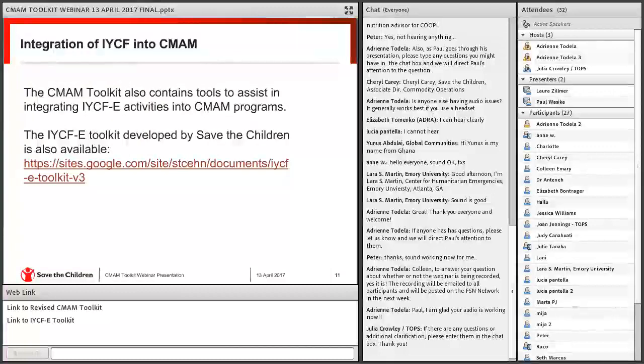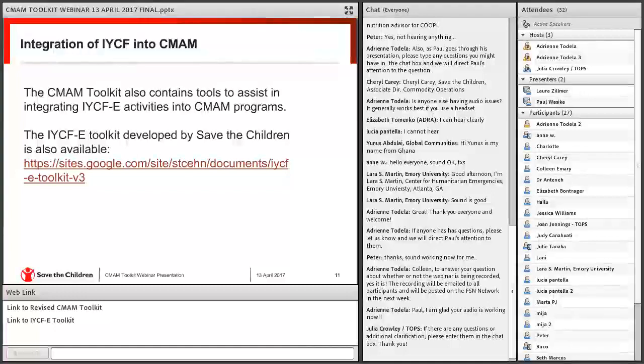Another important aspect of the toolkit is the integration of IYCF into CMAM. Of course, for most of us who are engaged in emergency nutrition intervention, we appreciate the importance of IYCF and IYCFE in nutrition programming. One of the challenges that personally I've seen is most actors appreciate it, but they're not quite clear on how to go about IYCF and IYCFE programming within CMAM.